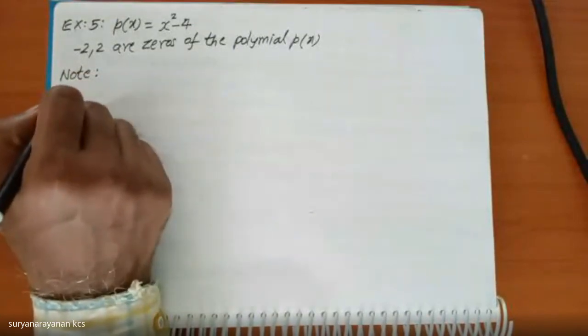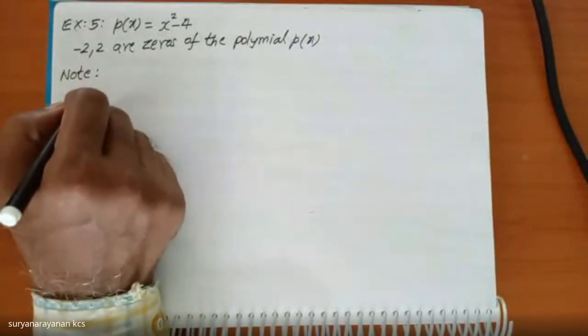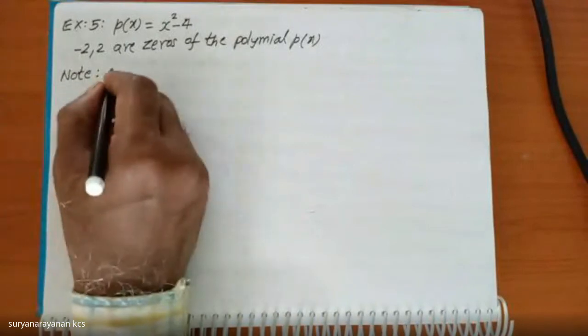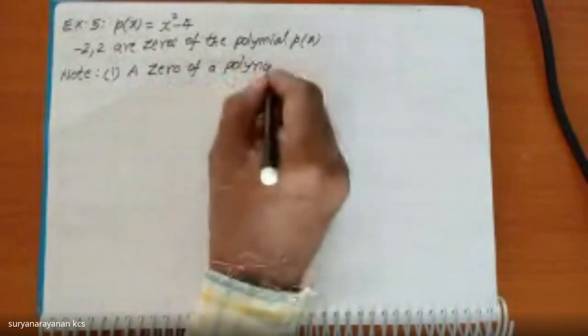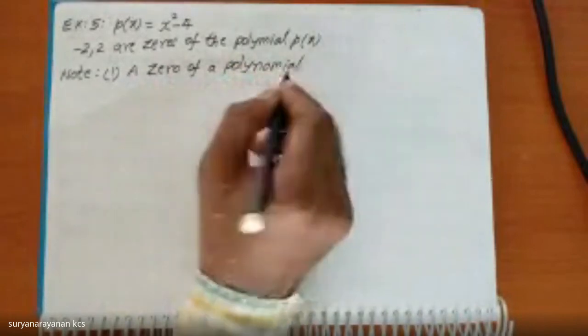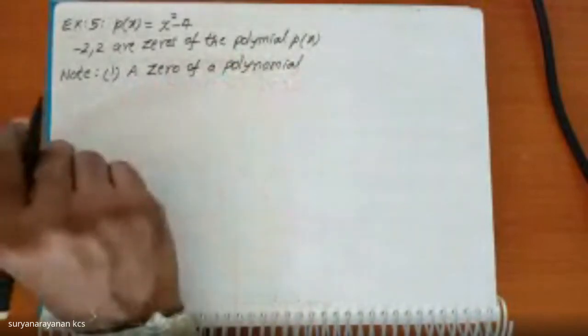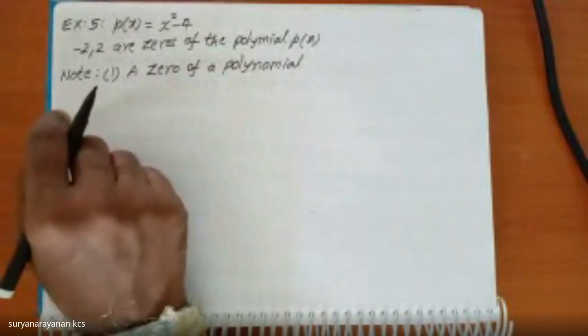What is your observation? Tell me, what is the observation here? A zero of a polynomial is always zero.